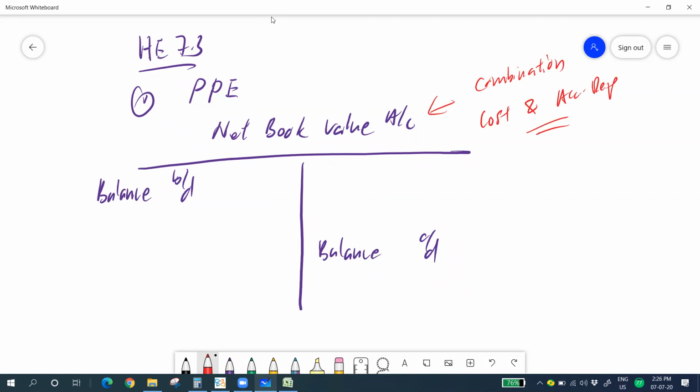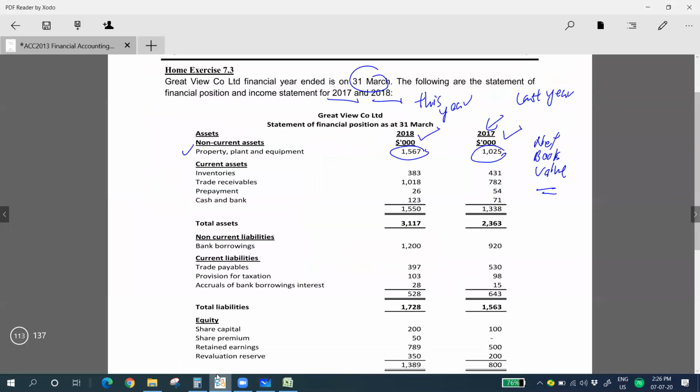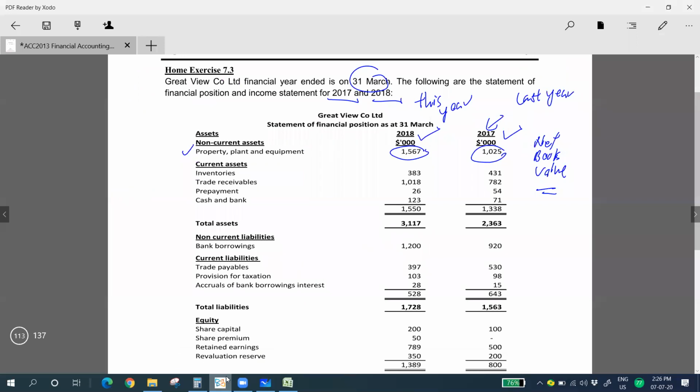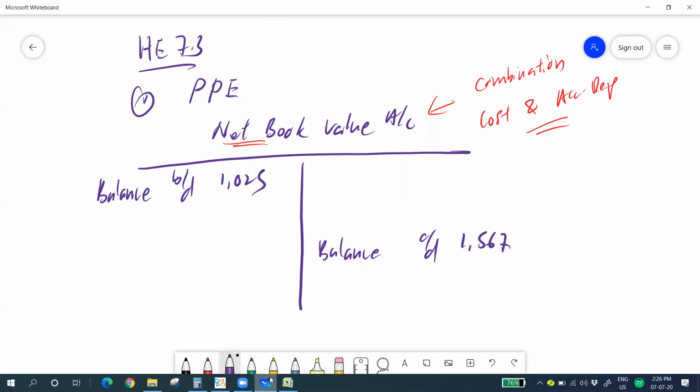All right, the treatment will be exactly the same, just that they combine together to show a net amount. So we write the opening balances first. Opening 1,025 and 1,567 for the closing. Right, 1,567 and 1,025. Okay, these are the balances we have.